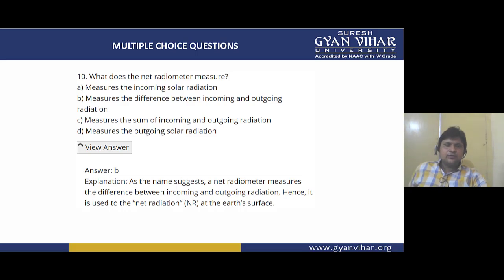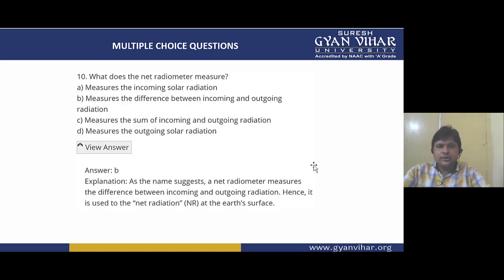From that time to 6 PM in the evening, the duration in which you get bright sunshine is shown by the piece of strip which is inserted in that portion.